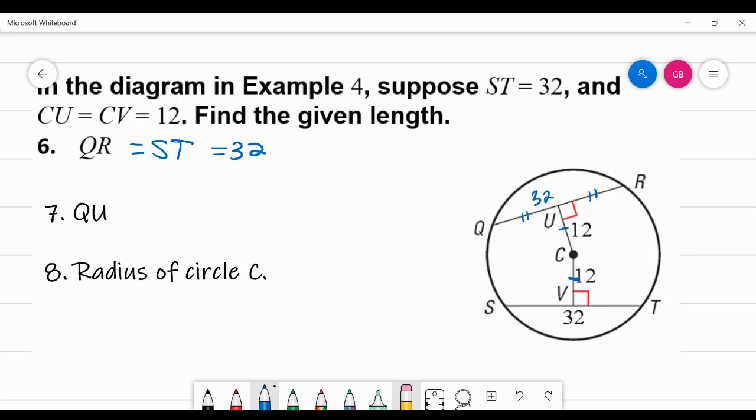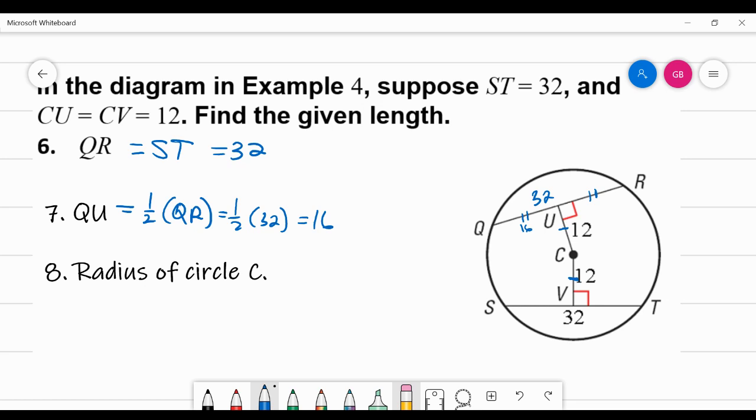So if U bisects QR, that means that QU is half of QR, which is half of 32, which is 16. So this part here is 16.